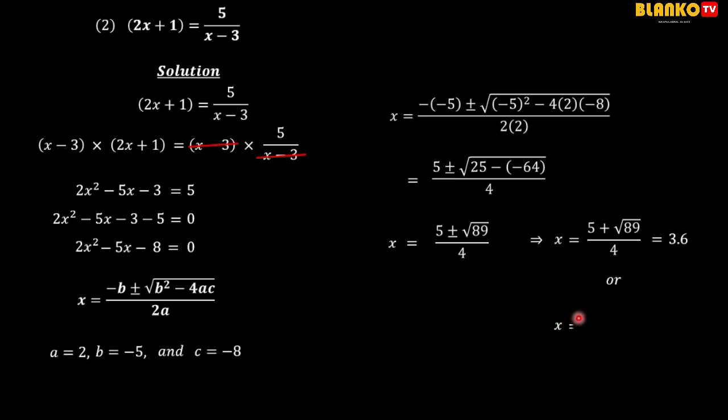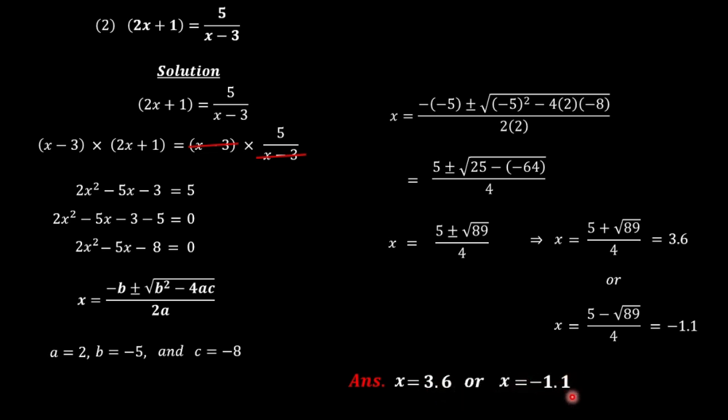Or x is equal to 5 minus the square root of 89 over 4, which is also equal to what? Negative 1.1. So our answer is x is equal to 3.6 or x is equal to negative 1.1. I hope you understand.